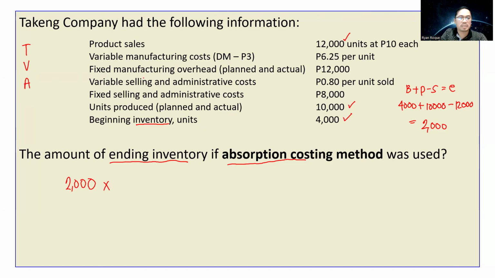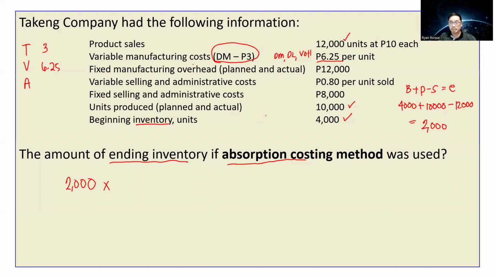For the throughput costing method, we just have to look at the amount of your direct materials per unit. So that would be 3 pesos. So meaning that would be your unit cost under throughput costing method. But for variable costing method, remember, we include all the variable manufacturing costs. So that includes your DM, your DL, and your variable overhead, and that is amounting to 6.25.